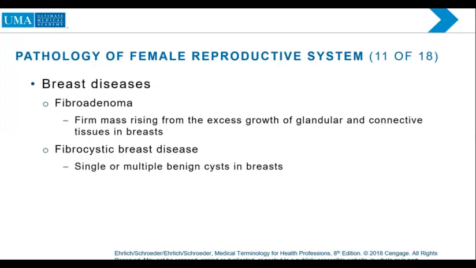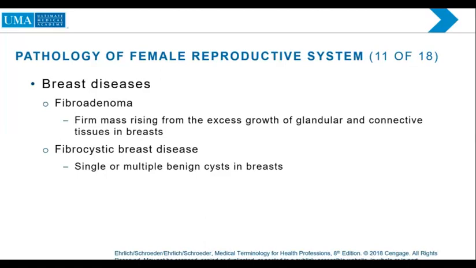Now let's look at some conditions associated with the breast. Fibroadenoma is a firm mass arising from the excess growth of glandular and connective tissue in the breast.